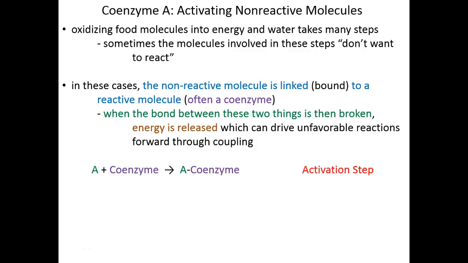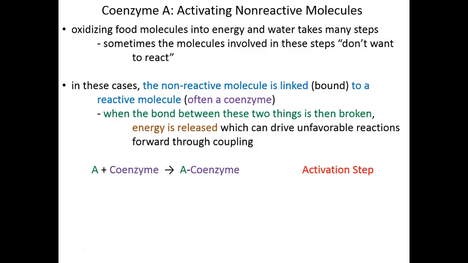The example here is molecule A is very unreactive. It doesn't want to engage in chemistry. It's content. It's inert. But if we can force molecule A to link up with a coenzyme, now molecule A is very unhappy. The reason why molecule A is very unhappy is the coenzyme is very reactive. So it's almost like we've paired up molecule A with the worst blind date ever.